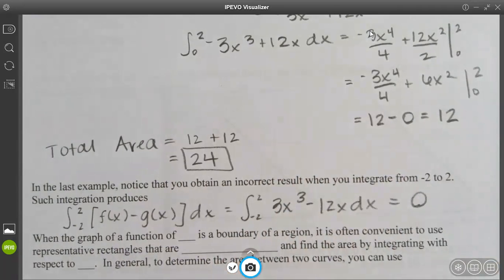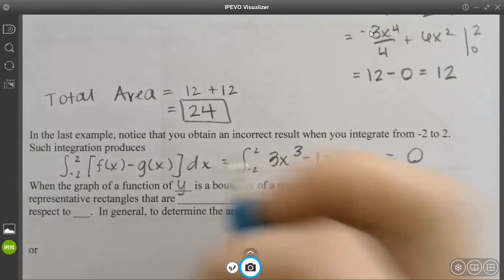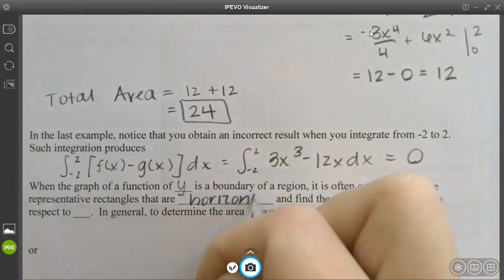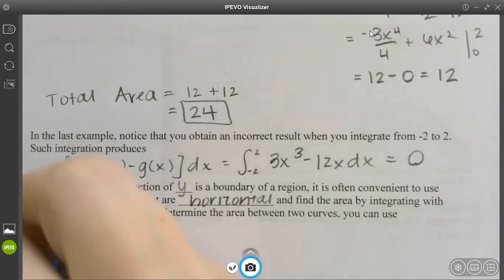When the graph of a function of y is a boundary of a region, it is often convenient to use representative rectangles that are horizontal, and find the area by integrating with respect to y.